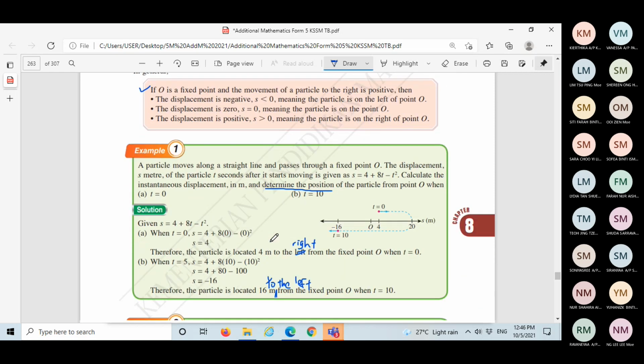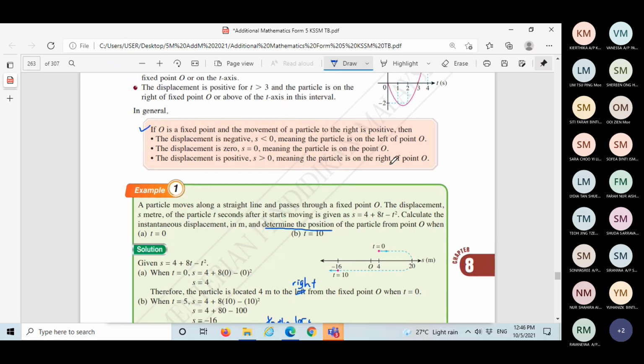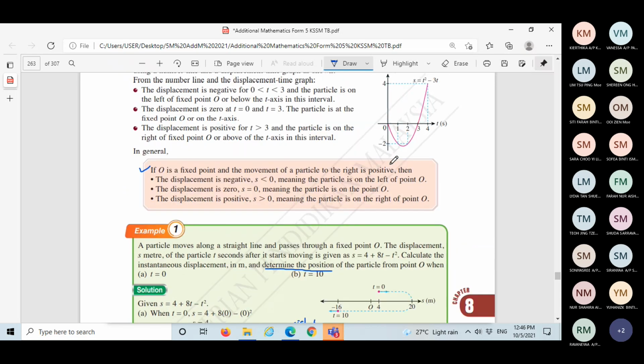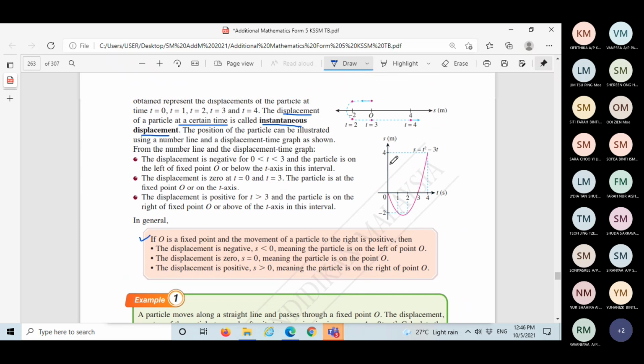Now if this function is given, you look at this function. It has a t squared, so it's a quadratic function. Can you draw the graph? No problem, right? You have learned how to draw the graph of a quadratic function. Then we would like to analyze the graph afterwards.